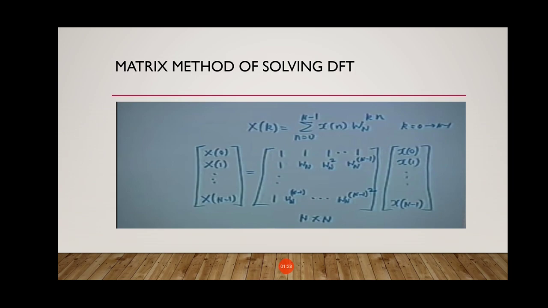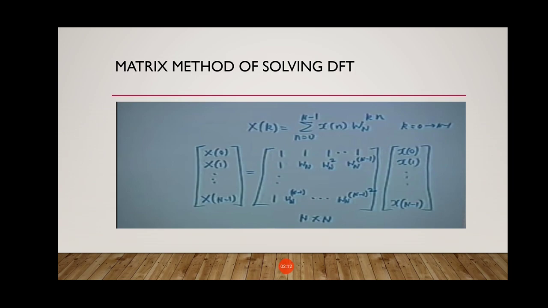The components of the matrix can be explained if we take into account that k is varying vertically, that is row wise, and n is varying column wise. That means in the first component n is 0 and k is also 0. If both n and k are 0, you have W_N to the power 0, that is 1.